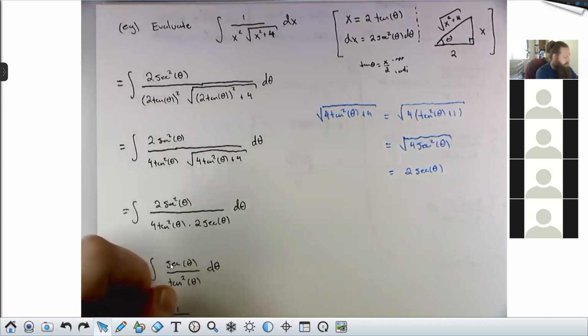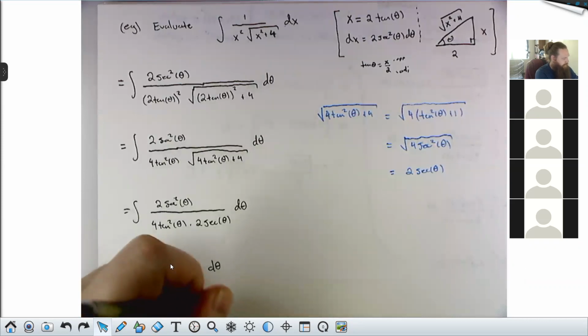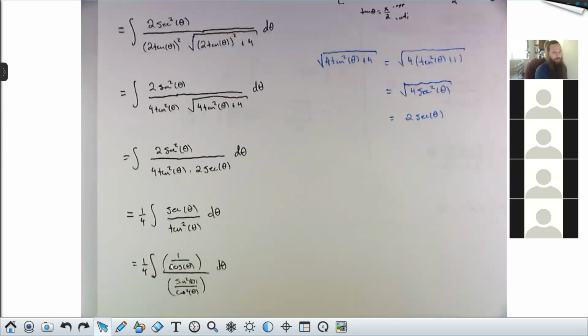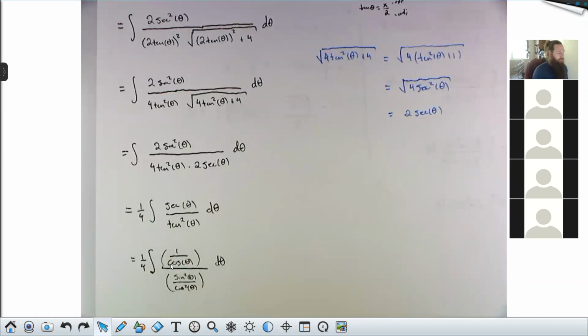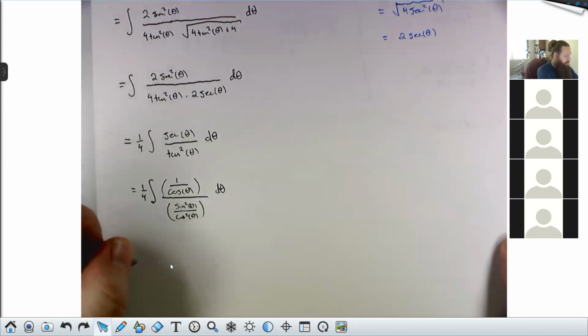So secant is 1 over the cosine of theta. And that's my numerator. Tangent squared is sine squared theta over cos squared theta. D theta is d theta. And when you see a fraction like this, you know what to do. You leave the top alone, you flip the bottom.